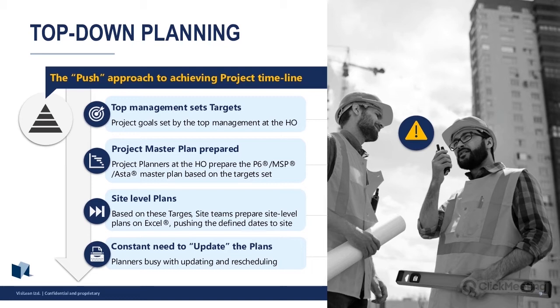So the planner's time is spent purely updating activities a lot of the time. If we took that as a cost, and the planner's earning a good wage, that wage could be used progressively planning the project rather than wasting time updating things. If we can automate that service, we've freed up the planner to go out and actually plan and execute the projects more efficiently.